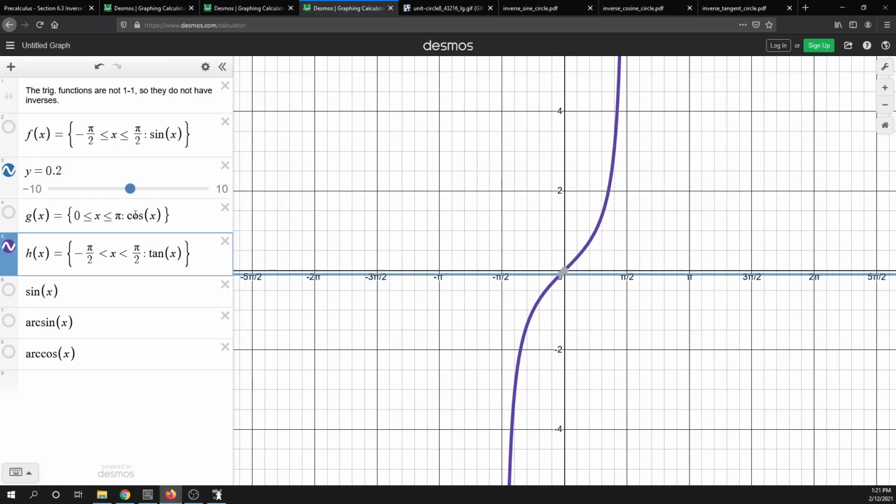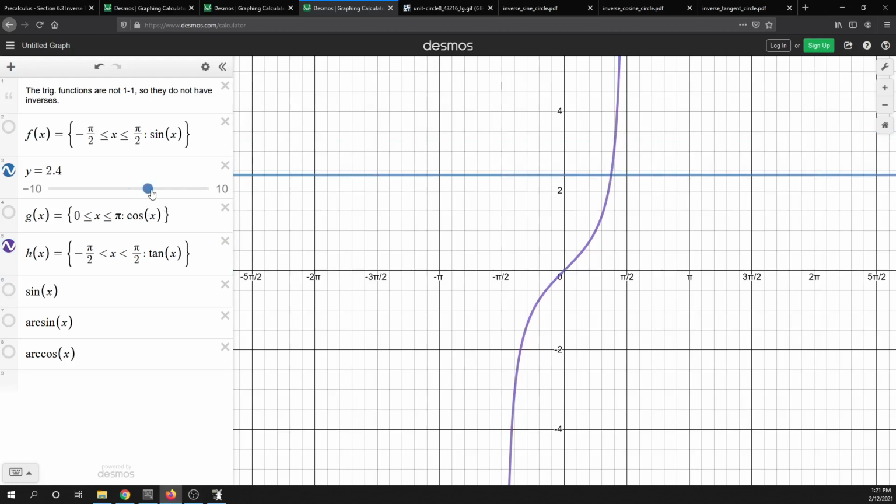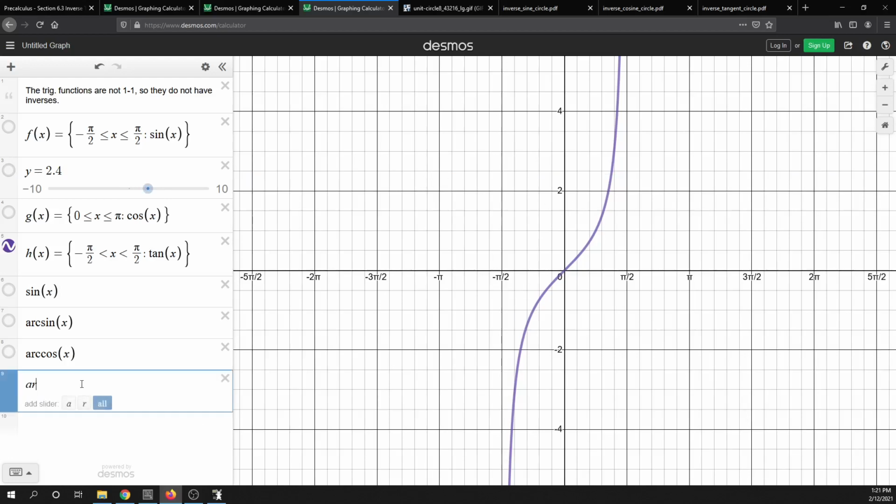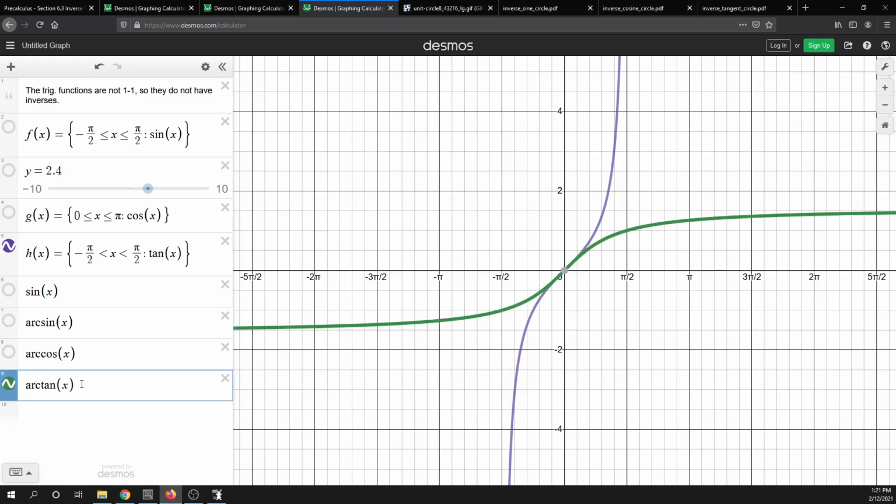Okay? So that is where we start calculating the inverse from. And when we do that, we get this function here in green. So that's what the inverse tangent function looks like.